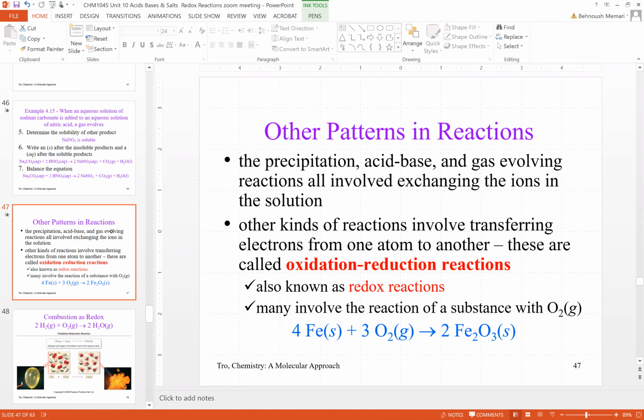We have different types of reactions that can be classified as oxidation reduction, like combination with oxygen or combustion type reactions. When you have an element combining with oxygen, it can be classified as oxidation reduction.